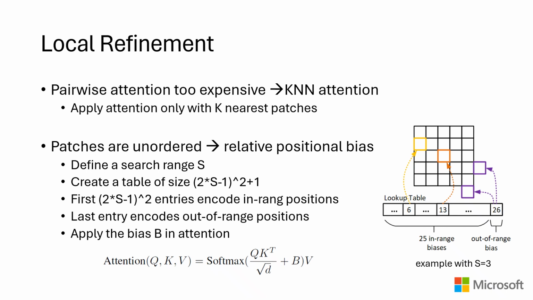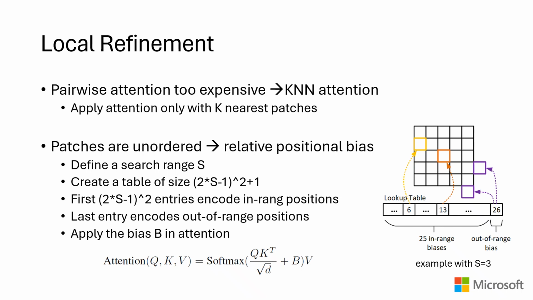In the figure on the right, we use search range of 3, so we end up with a 5x5 square window. For the yellow patch in the window, its position tells us the corresponding table index is 6, so we assign the table value from index 6 to this patch as its relative positional encoding.